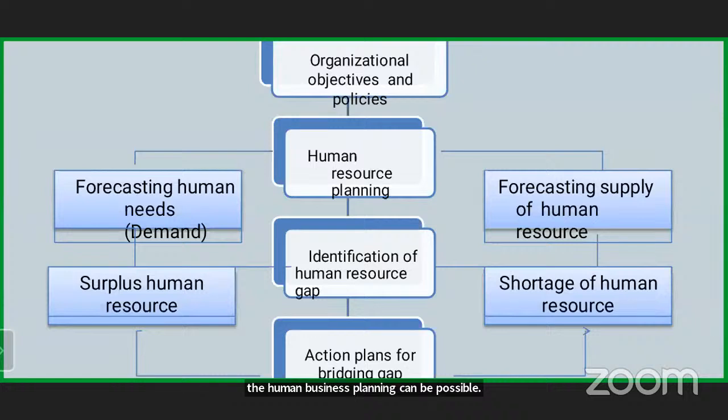Why? If we do not analyze the objective of the organization and the HR department goes for the human resource planning, then what will happen? The organization objective will go in one direction, and the human resource planning will go in just the opposite direction. So ultimately, we cannot reach the objectives. We cannot reach the goal of the organization.